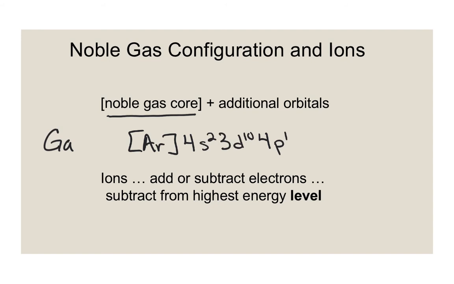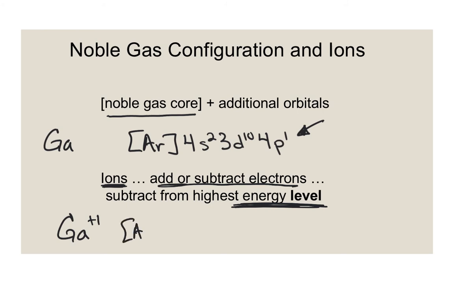All right. The other thing that gets kind of tricky is if we have ions, we have to remember to add or subtract electrons from the highest energy level. So if we look at something like gallium, when we start taking electrons away from gallium, gallium plus 1 is going to be Ar 4s2 3d10, because we took away from the highest energy level.